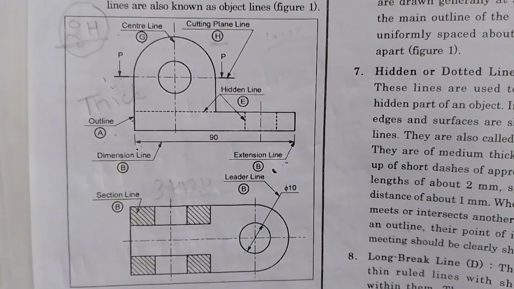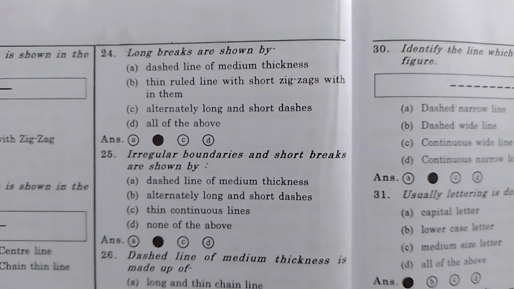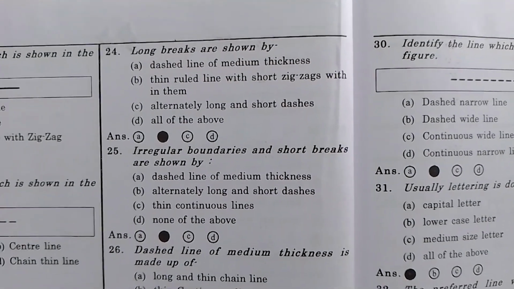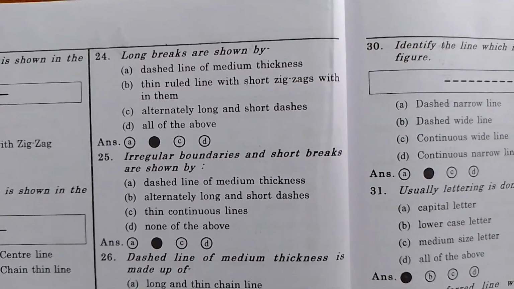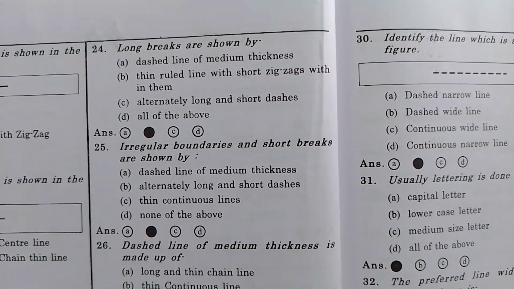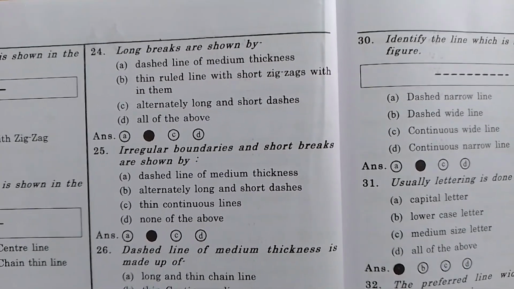Question 24. Long breaks are shown by dash thin of medium thickness, thin ruled line with short zigzags in them, alternately long and short dashes, or all of the above. So option B is correct. Long breaks are shown by a thin ruled line with short zigzag.